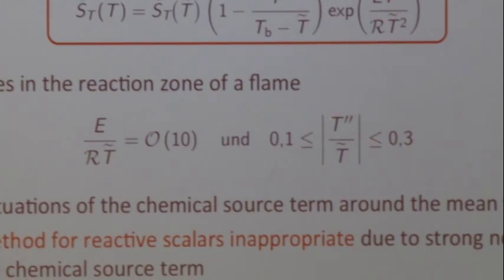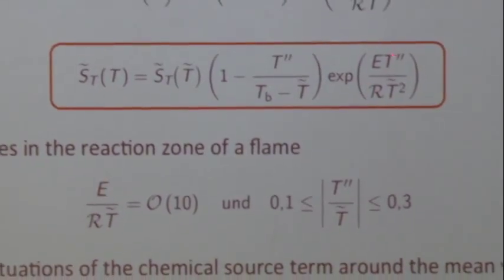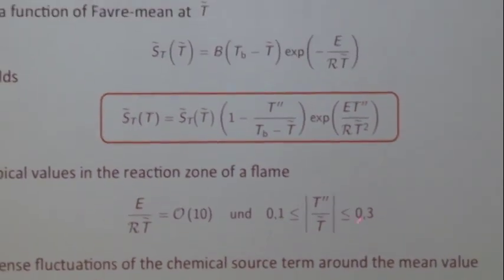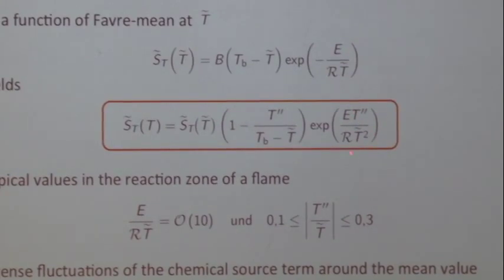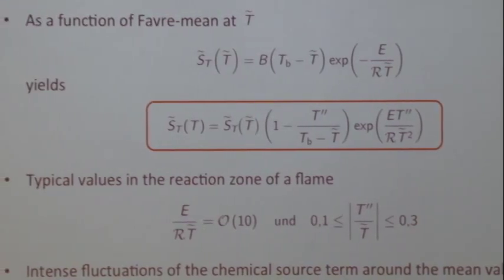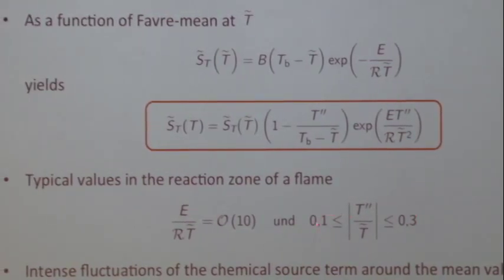And now if you evaluate this, so this E over RT is 10, let's say, times this, let's say, is 0.3, then this would be 3, exponential 3. That's already a large number. That's order 10, okay? So there's a factor of 10. If you say 0.1, then it's a factor of 2 or whatever, okay? So this here is something between 2 and 10.